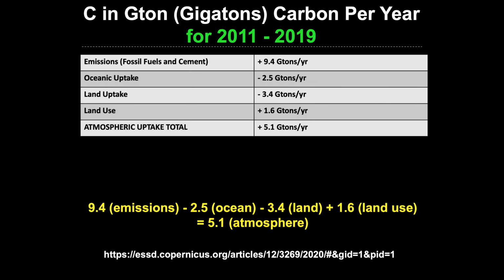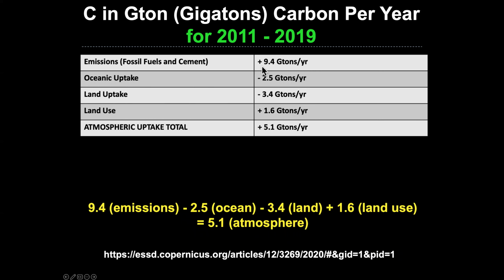Here's a breakdown of the uptake. There is an uptake that is positive 5.1 gigatons per year. Some emissions contribute positive, the oceans absorb some of it, the land takes up some of it, but the land also produces some of it.